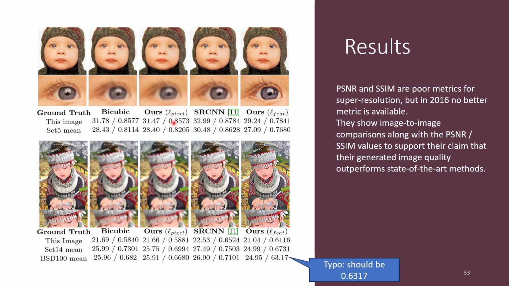They calculate the loss pixel by pixel, and SRCNN is the state-of-the-art method from that year. It was proposed by Kaiming He. And who is Kaiming He? He is the developer of ResNet.